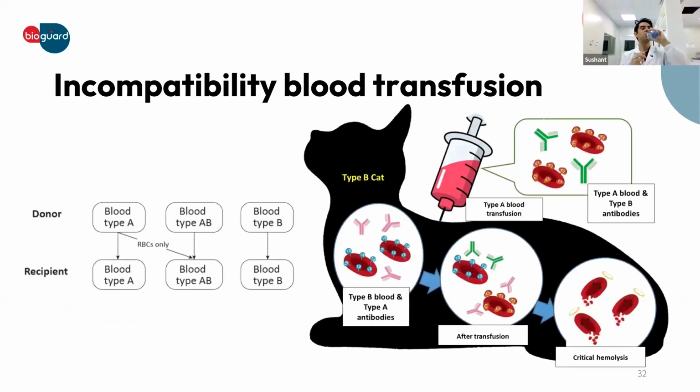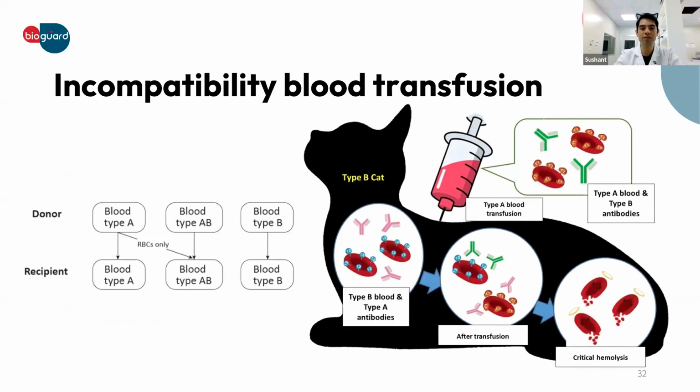Sometimes an incompatible blood transfusion reaction occurs or accidentally happens. For example, if the donor is type A and the blood is given to a type B cat, what will happen?